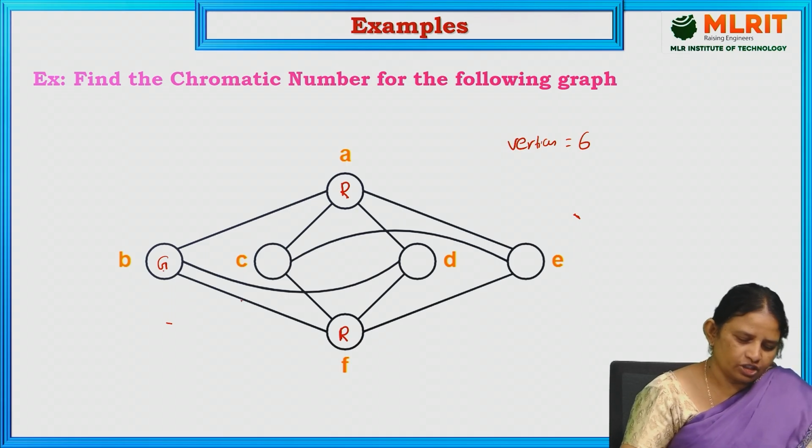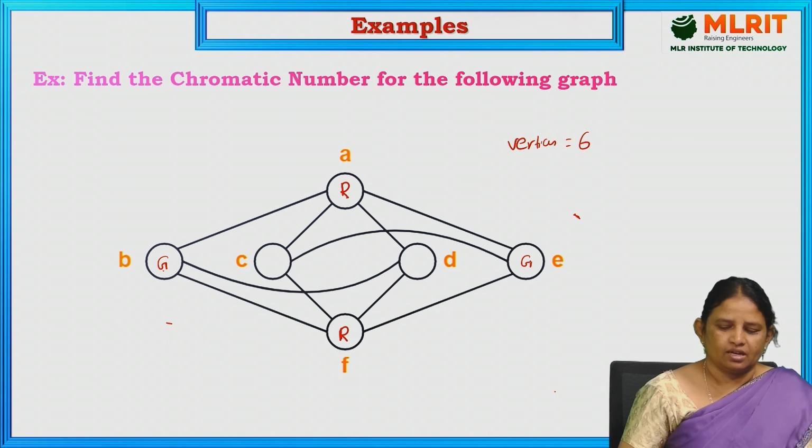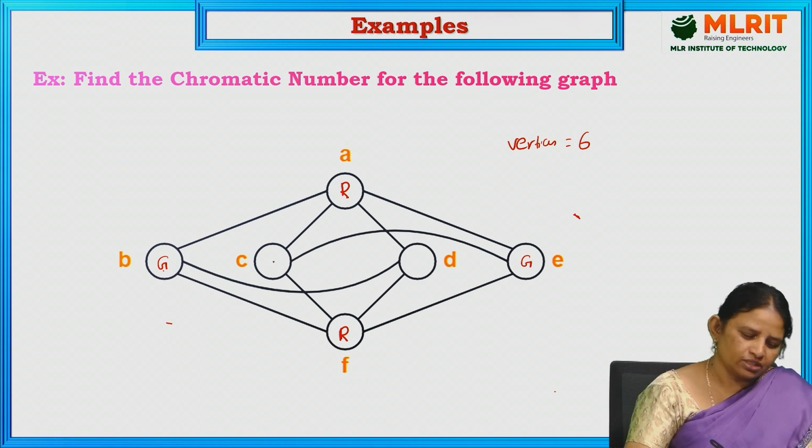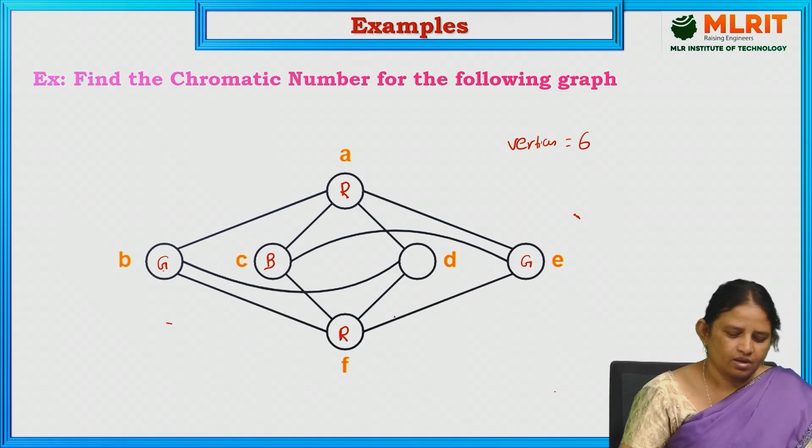Then for the adjacent vertices of D, don't use green color. We cannot use red color also. A red is adjacent, here it is adjacent, it is also adjacent. Don't use green color. B is not adjacent to E, so we can use green color here. Next, don't use the green color here because G and E are adjacent and already colored. We can use another color. Next, don't use green and red.